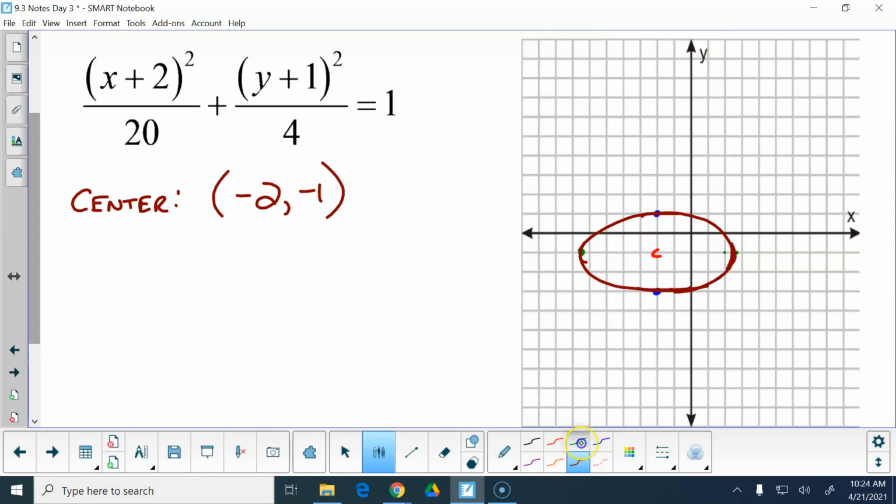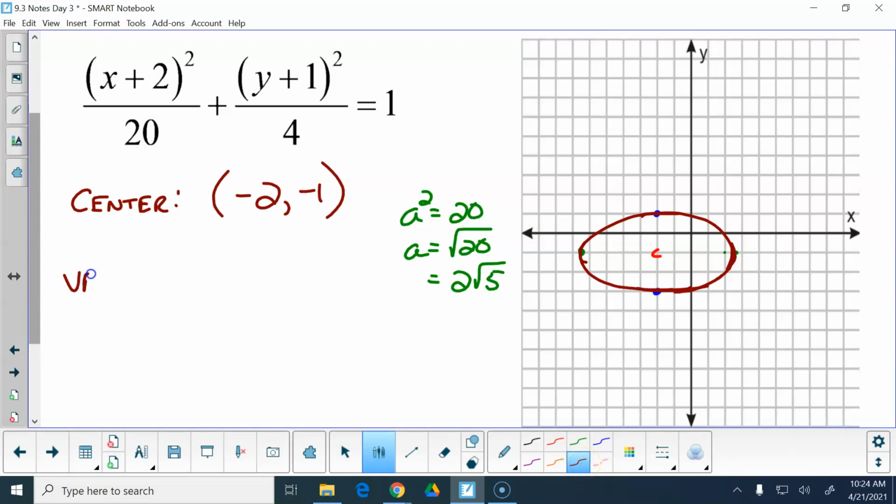So our a squared value is 20. Well, a is going to be the square root of 20, which is 2 square roots of 5.